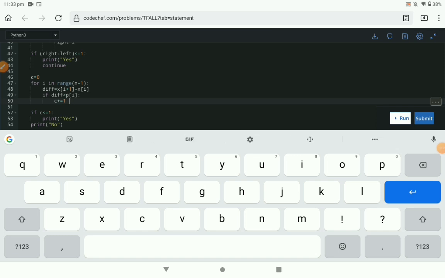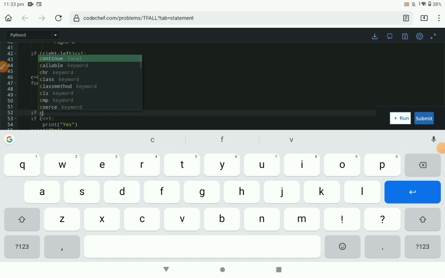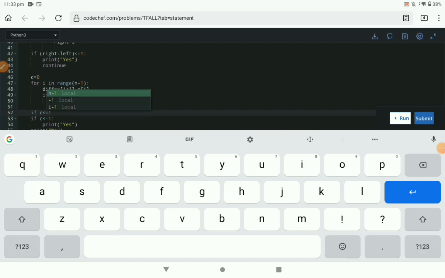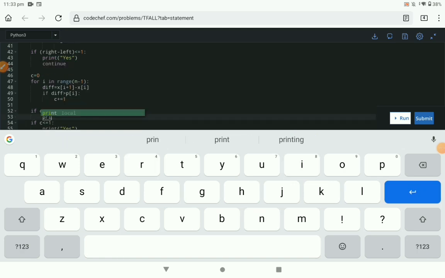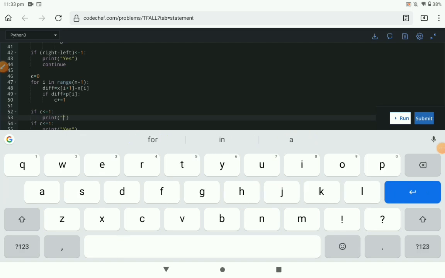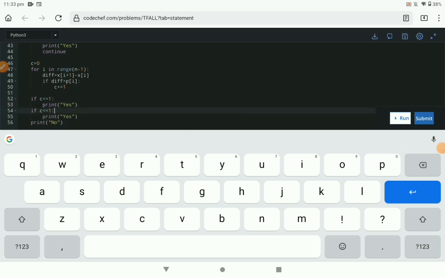As we have incremented our c, we will check if c is less than or equal to 1. If c is less than or equal to 1, we will just print s, and then we will just continue.